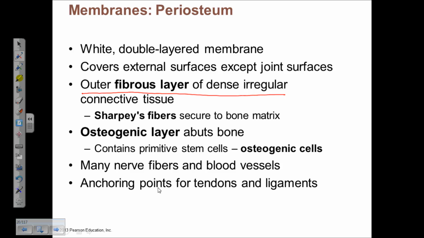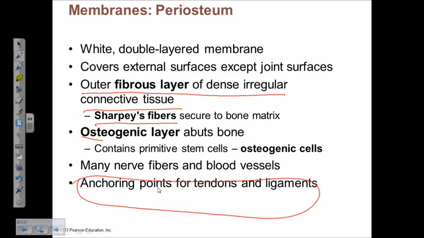So periosteum is a dense, tough, mechanically solid layer of connective tissue which is attached to the bone matrix via so-called Sharpey's fibers. Those Sharpey's fibers are very dense at the places where they have to enter tendons and ligaments.